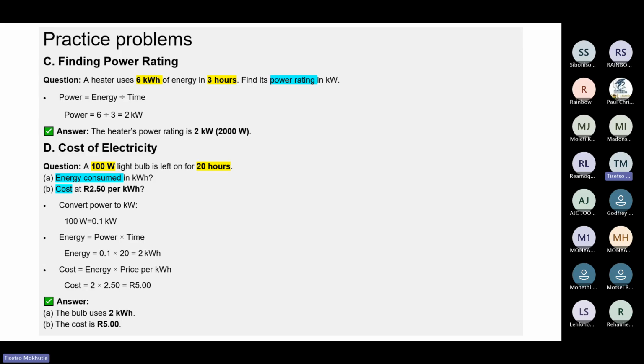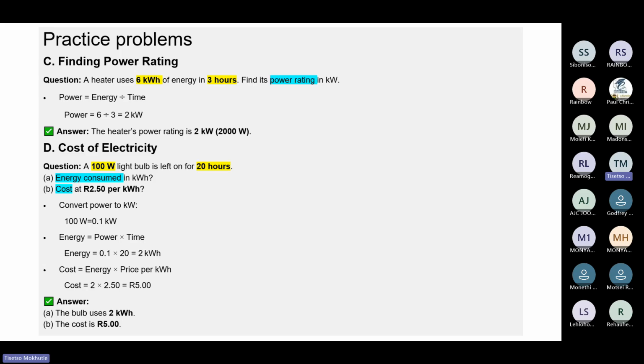Even if you are not given it, you have to determine what the power rating label on that heater will be. So power equals energy divided by time. The energy is already in kilowatt hours, 6 divided by 3 hours. So the answer there would be a power rating of 2 kilowatts.